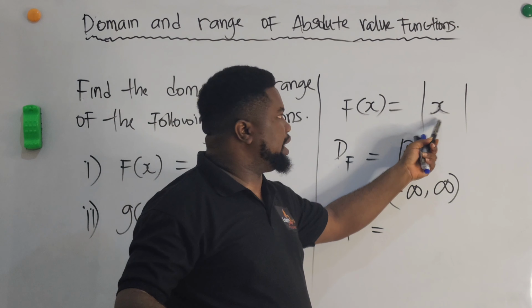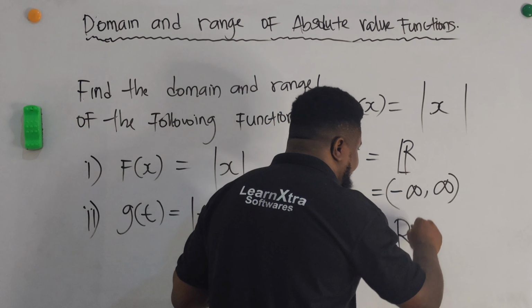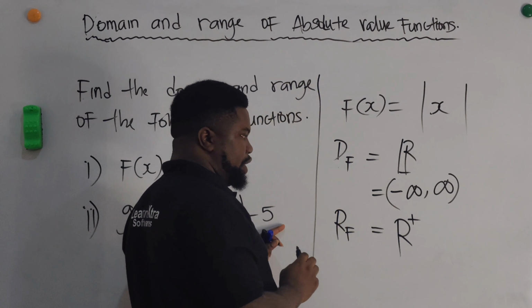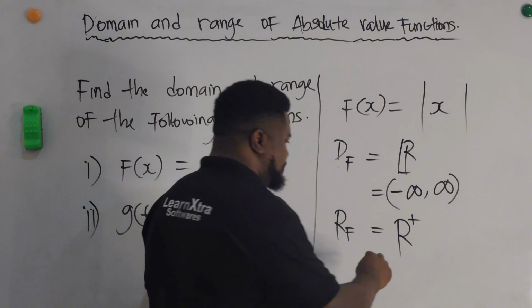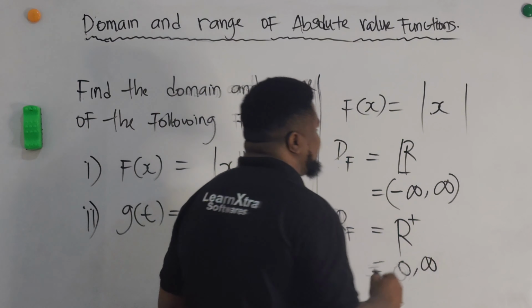Absolute value removes the negative inside and gives you a positive result. With this, the range, the output, which is my range, is always going to be a positive real number. We can say positive real number. This way, I can write numbers that start from 0 down to infinity.